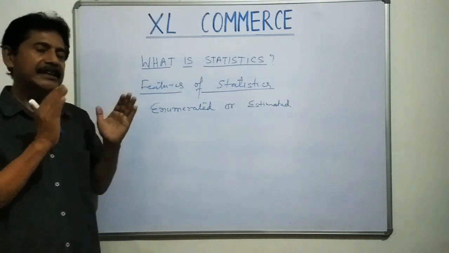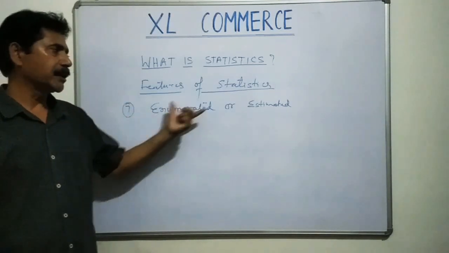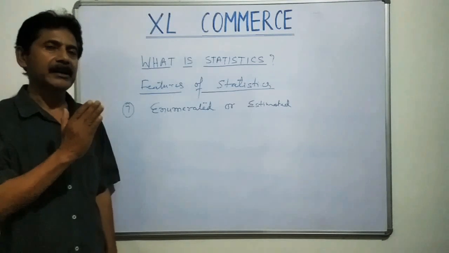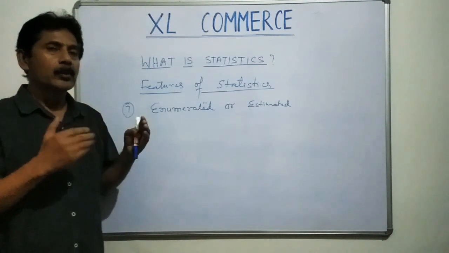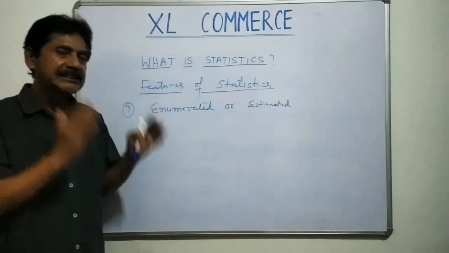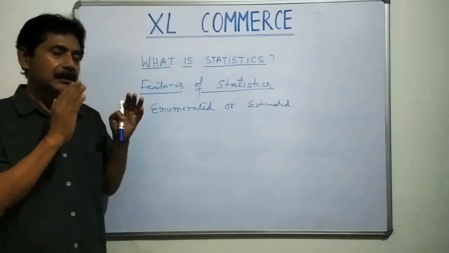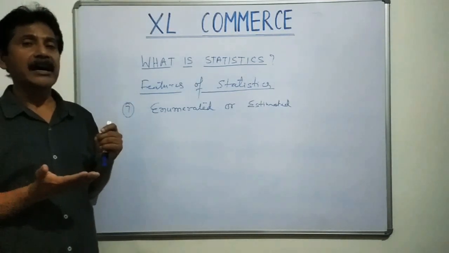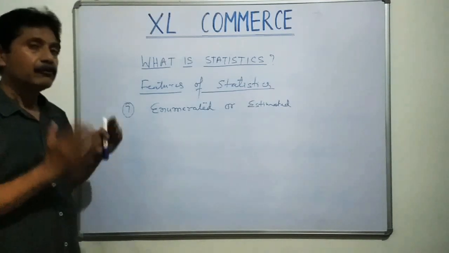So we take the collective data, enumerated or estimated, but it means it should be estimated. We estimate the data. It is not necessary that exactly 2 lakh people have attended the meeting. We estimate.